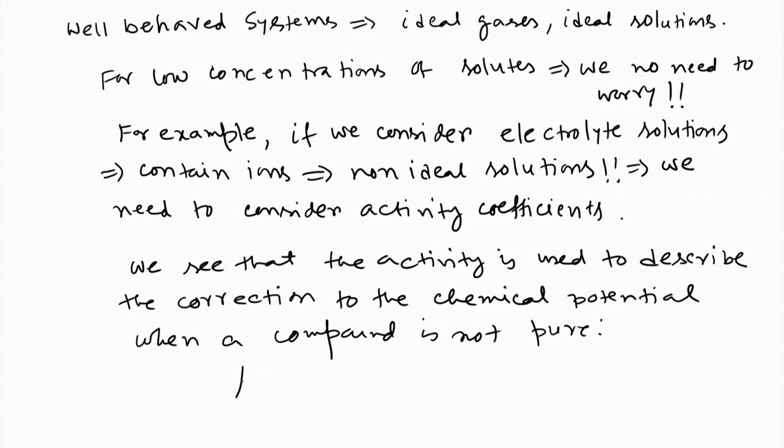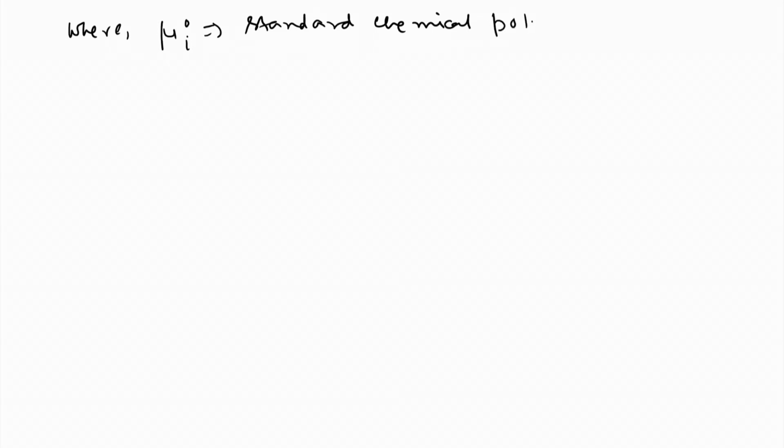So, we know this equation, but in a different way. Here, mu I naught is the chemical potential, or standard chemical potential, and A I is the activity.